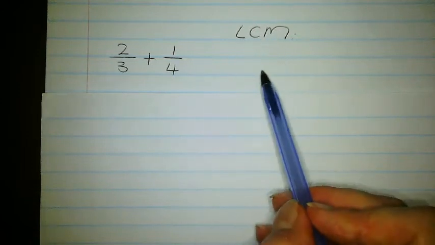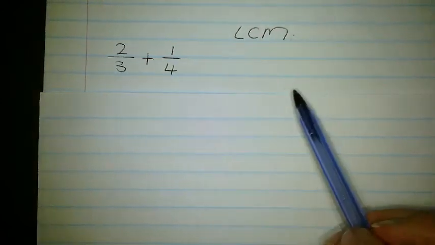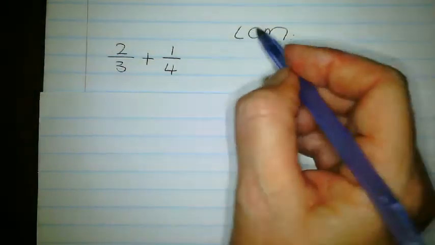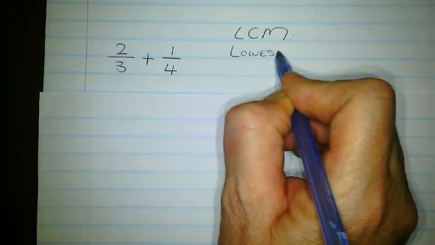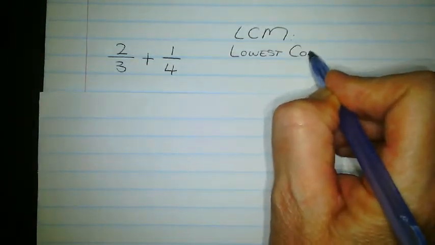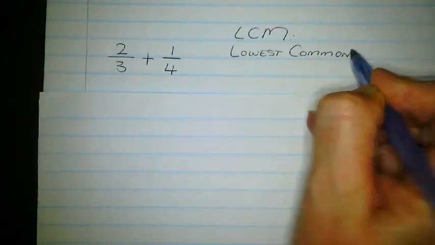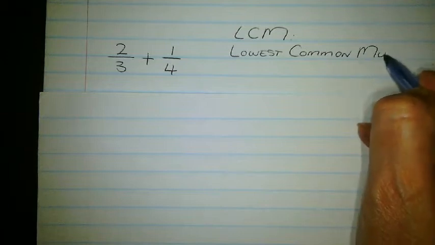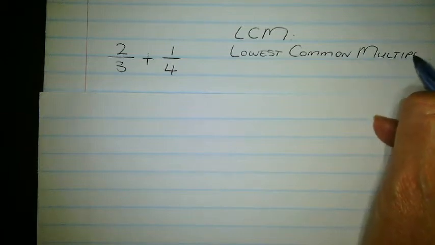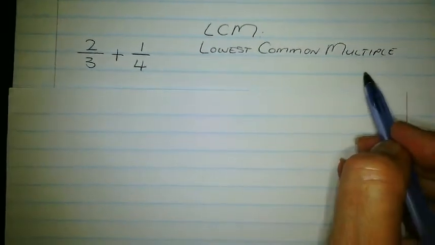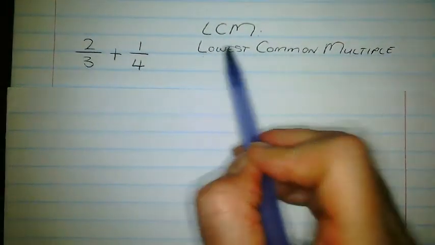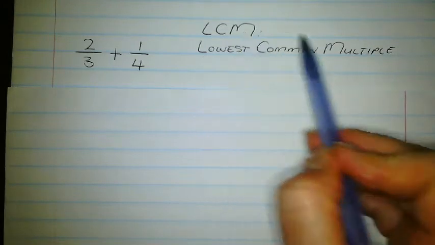by using the LCM. Now LCM is actually an abbreviation of the lowest common multiple. Okay, now the LCM, so the lowest, the C is for common, and the multiple.